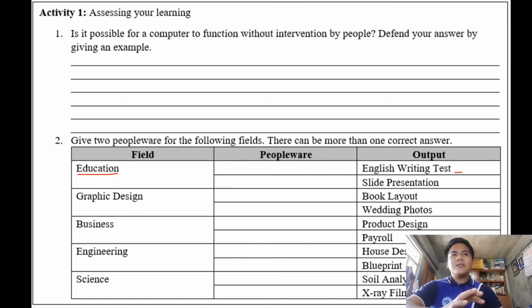At sino ngayon sa tingin ninyo ang nag-produce ng output na slide presentation? So parang ganon. So what will be their role as a peopleware of a certain output, and of course using the fields. So yun lang. I hope you understand our discussion.